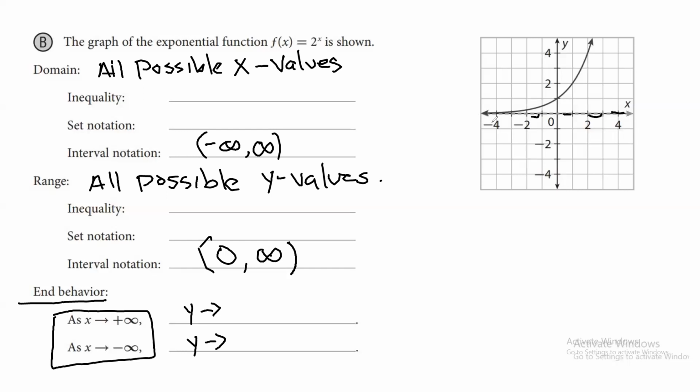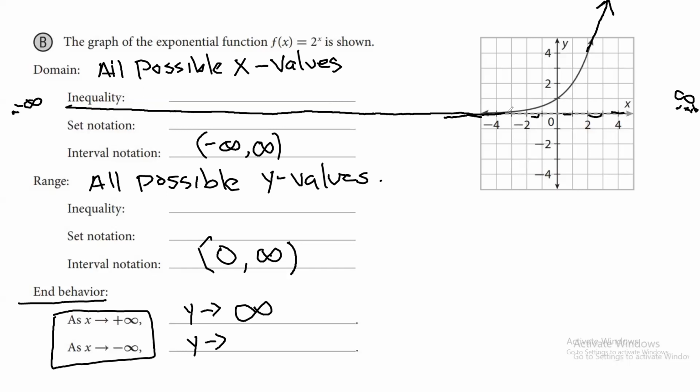So as x approaches positive infinity, we're all the way over here at this end, right? That's positive infinity. What happens to my graph? It keeps on going up and up to positive infinity as well. How about over here? As x approaches negative infinity, so I'm over here at negative infinity, what happens to my graph? It just rides this out, correct?